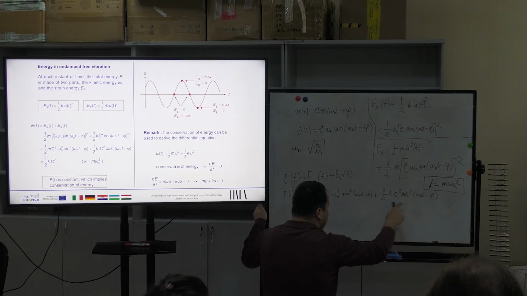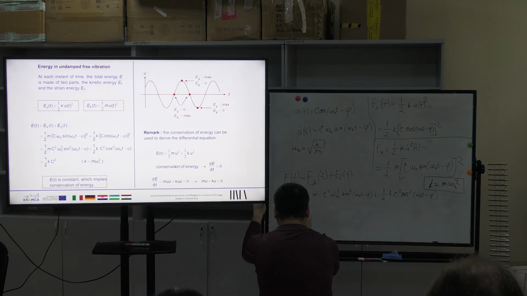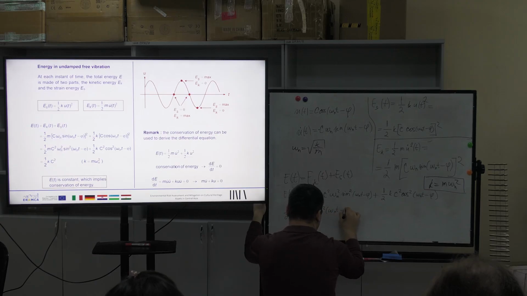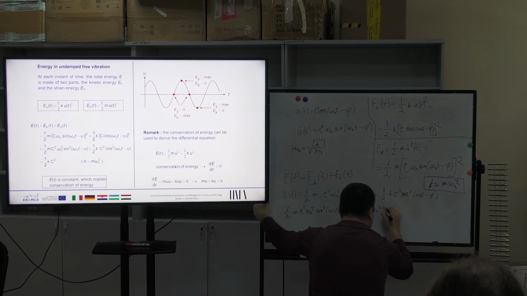Instead of k, I will put m omega squared. And 1 over 2 m c squared omega n squared sine squared (omega n t minus phi) plus, instead of k, I will put this one, 1 over 2 m omega n squared c squared cosine squared (omega n t minus phi).